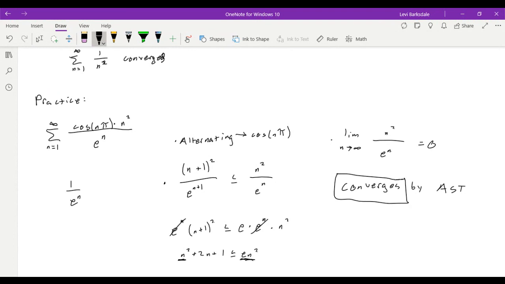You may also want to consider approaching this using what's called the ratio test, which you'll learn about next week. But in this case, it does turn out to converge absolutely. If you want to verify using the limit comparison test, you're welcome to, but it does converge by the alternating series test.